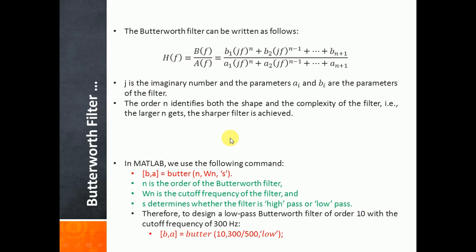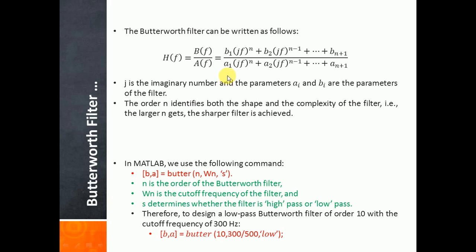As you can see, there is a J here, an imaginary component. So they have a real component and an imaginary component. Or you could say, with respect to frequency, they have both a magnitude response and a phase response.